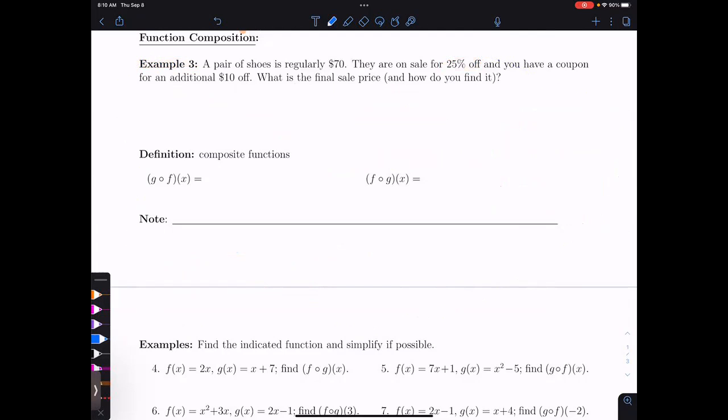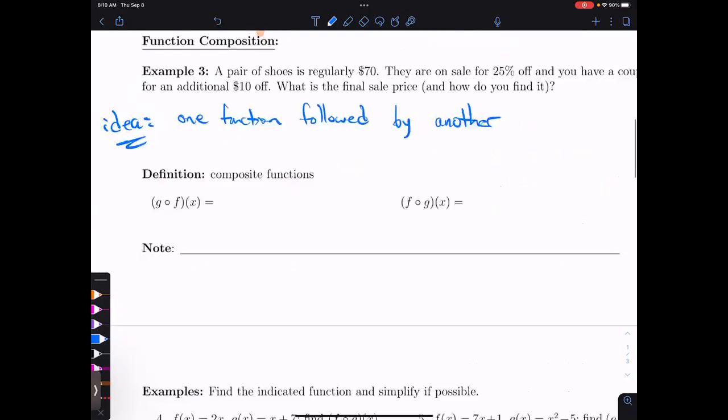The idea, I guess I'll say this: one function followed by another, like do one after the other, right? I'll talk about the notation real quick, because this is a new thing.